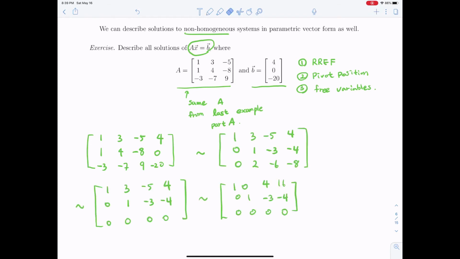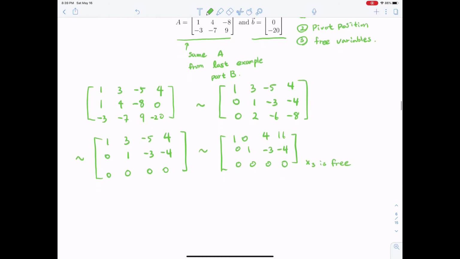Oops, I realized that the matrix is actually from part B. So here we can see that x3 is a free variable, and x2 equals 3x3 minus 4, and x1 equals negative 4 x3 plus 16.